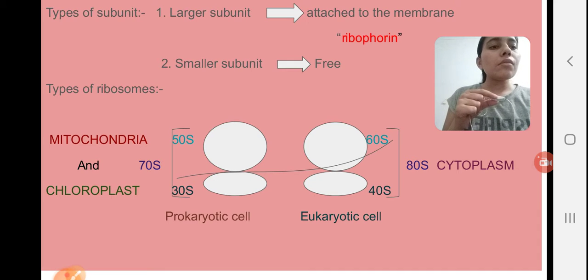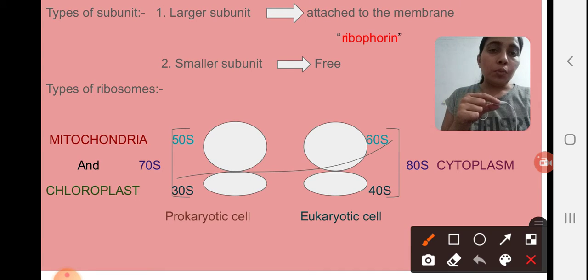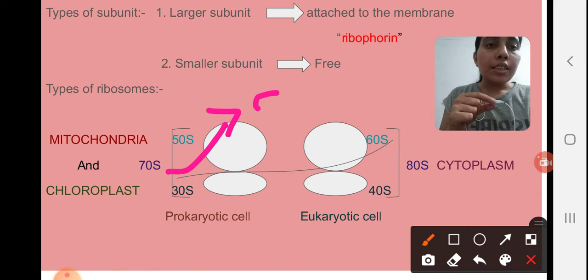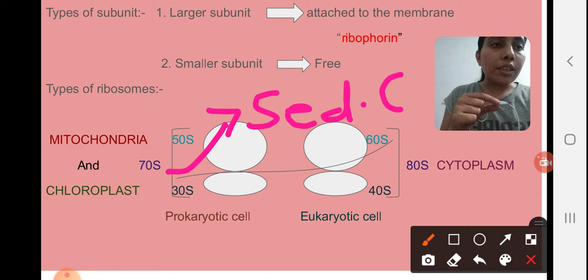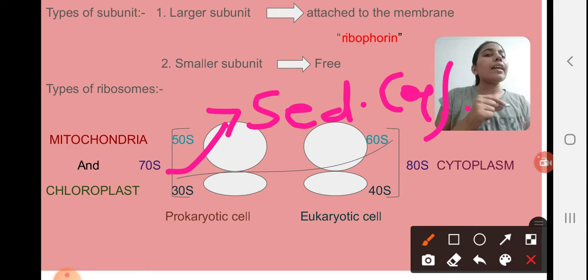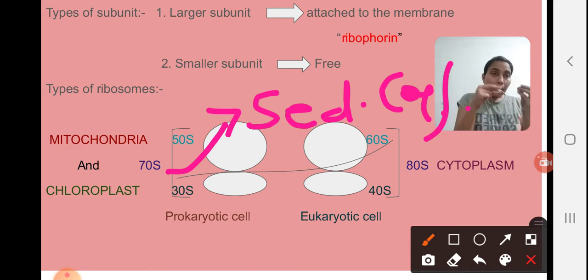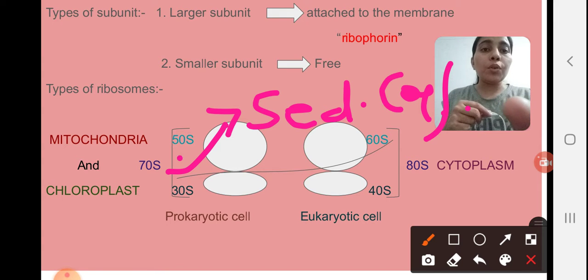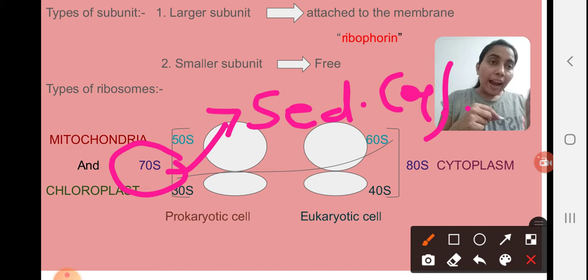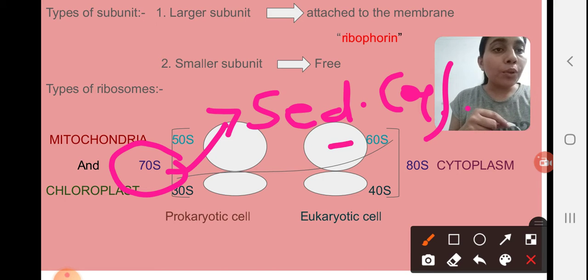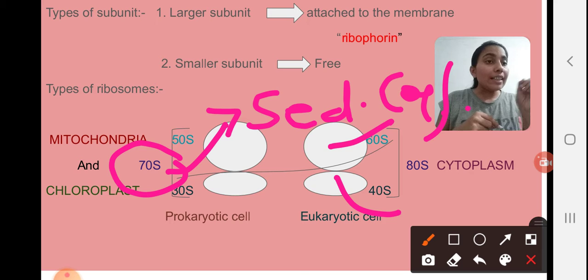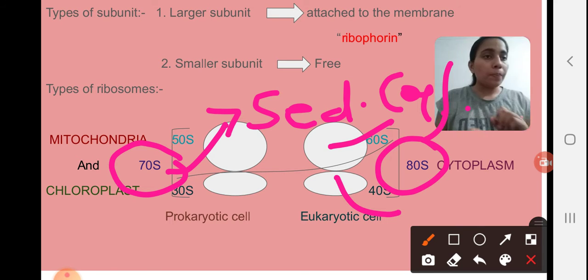Here S refers to the sedimentation coefficient, meaning the rate at which the larger and smaller subunits combine to each other, that would be 70S. And the rate at which the larger subunit and smaller subunit combine in the other type would be 80S.